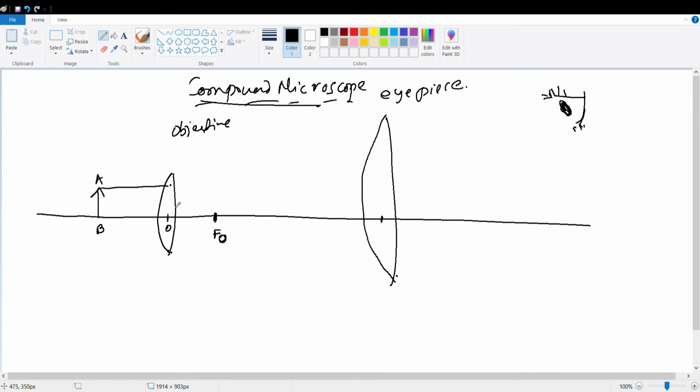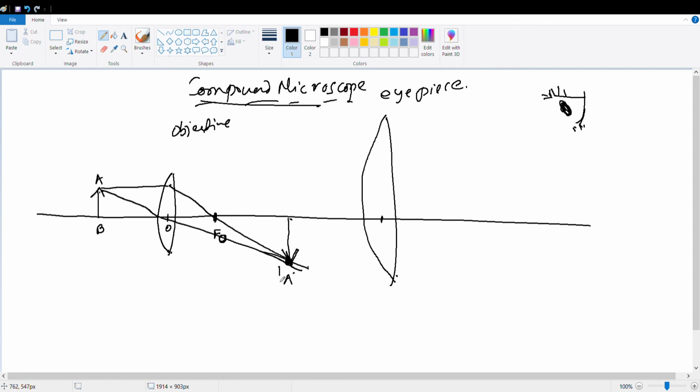After refraction the ray will pass through the focus, and another ray will pass through the optical center and merge at this point. This point will be the image, the first image.